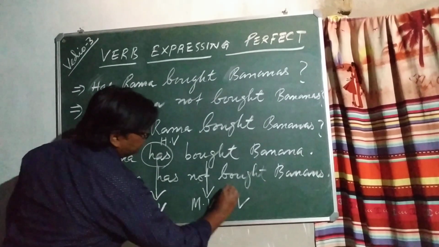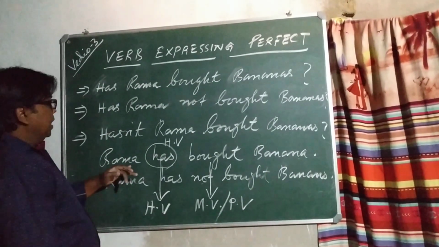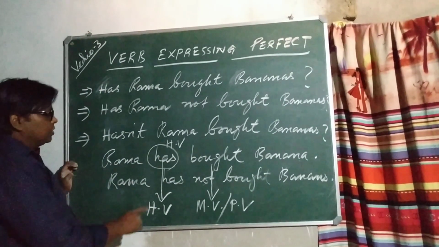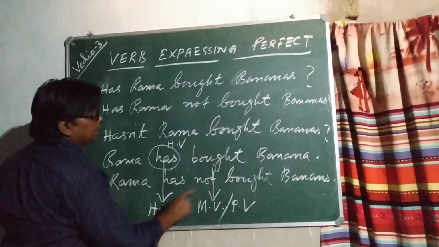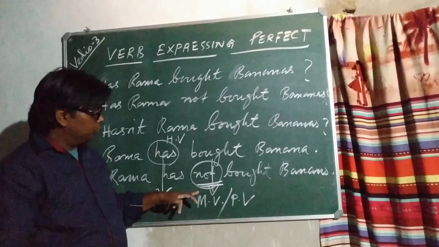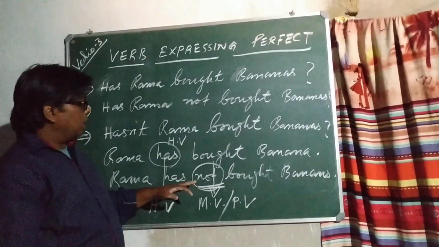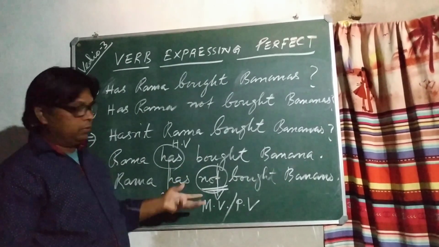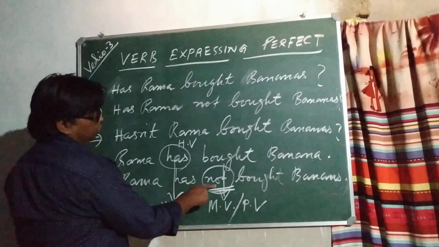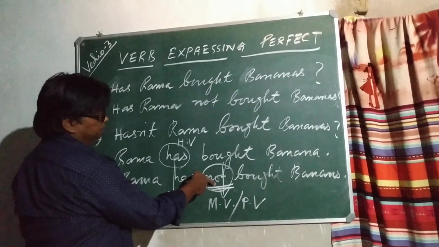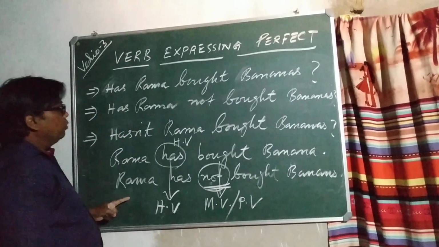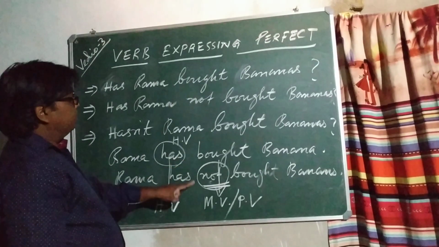When a positive sentence is made into a negative sentence, we always have to put not in between the two verbs, otherwise our sentence will be grammatically wrong. This is the special thing you have to learn: where to put not. So this is the way of making positive into negative.